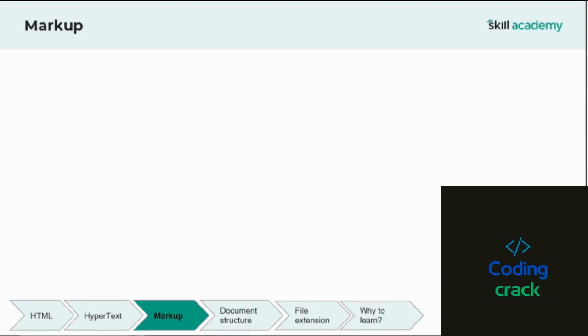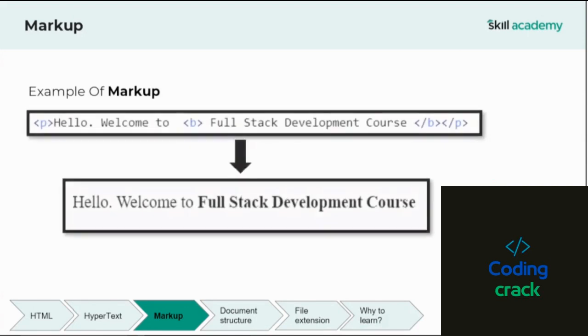Let me show you an example of markup. Let's say I want to print this text on my web page. We are about to design a web page and this text we need to display in it. So here we can use the HTML paragraph tag, and in order to highlight this full stack development course, here we are using B. So what is B here?